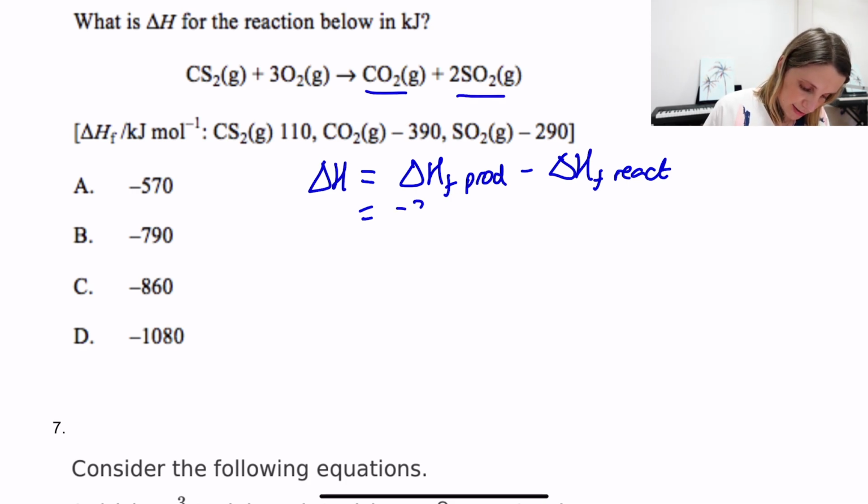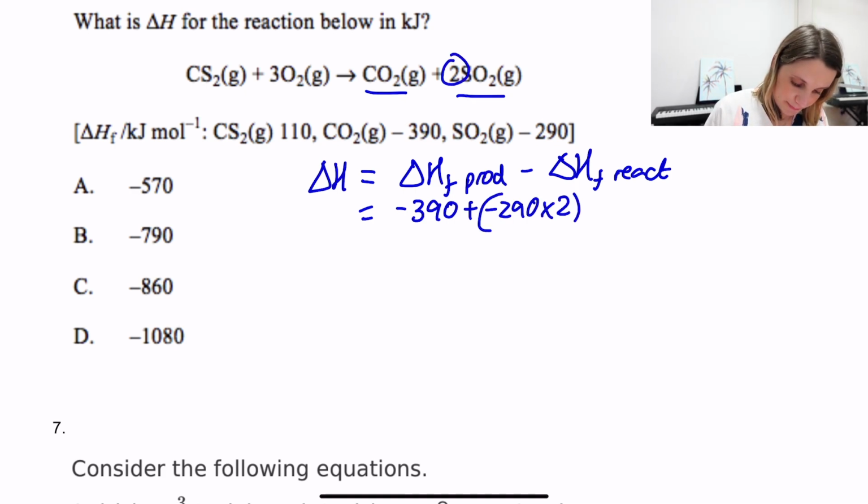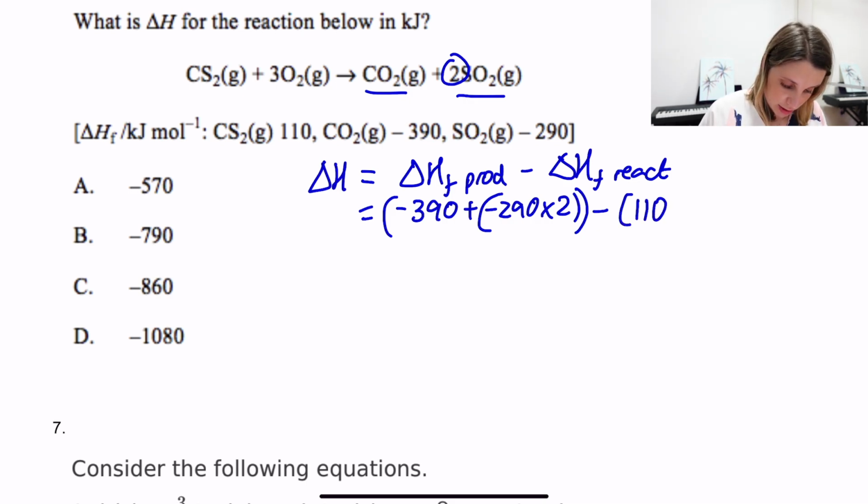So that's minus 390 plus my minus 290, but I need to times that by 2 because there's 2 of them here. Okay, so that's all of my products. And then I'm going to subtract the reactants, which is my 110 from my CS2 plus 3 of the oxygens.